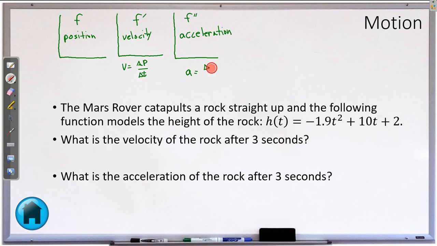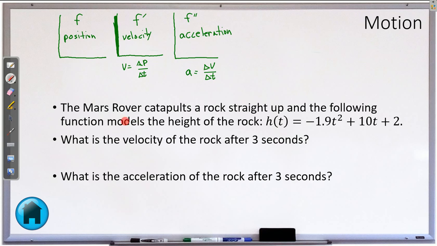It's the change in velocity over the change in time, which again hopefully looks a lot like the slope formula, change in y over the change in x, except this time our y value is this y value right here. So the change in f prime, which is the derivative of f prime, which is f double prime. So velocity is your first derivative, acceleration is your second derivative.